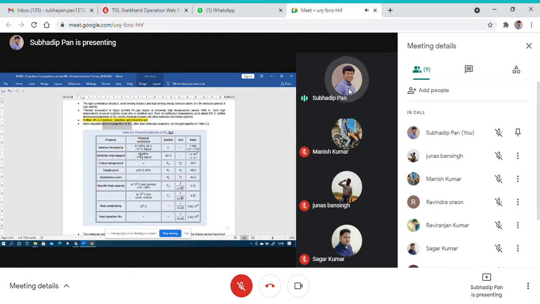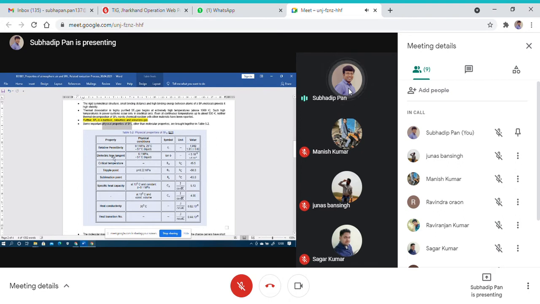When used in a liquid state, the temperature varies from 25 to minus 51 degrees centigrade. But when SF6 is used in a gaseous state, it has a very high temperature like 100 K. The symbol for relative permittivity is εr, and the value is this.